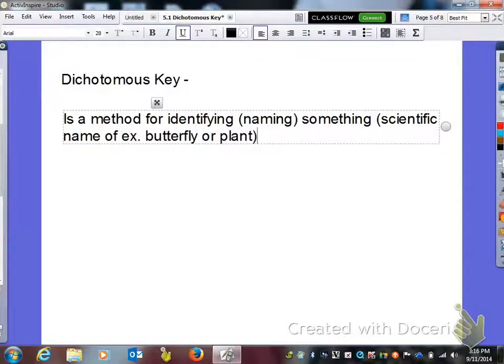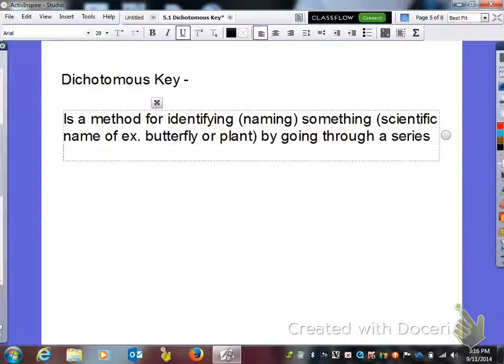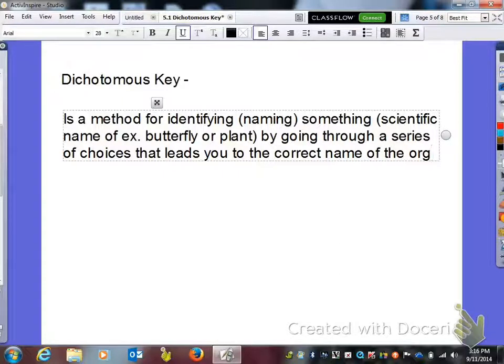You do this by going through, and we'll look at one of these in just a second, a series of choices that leads you to the correct name of the organism. Here's your definition for dichotomous key.